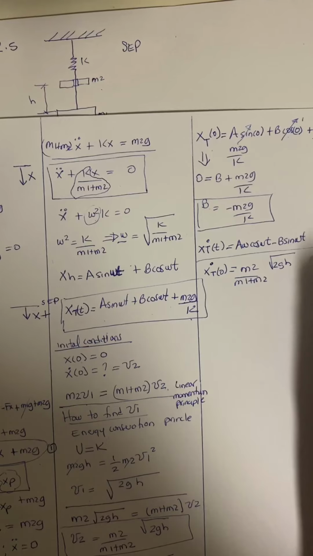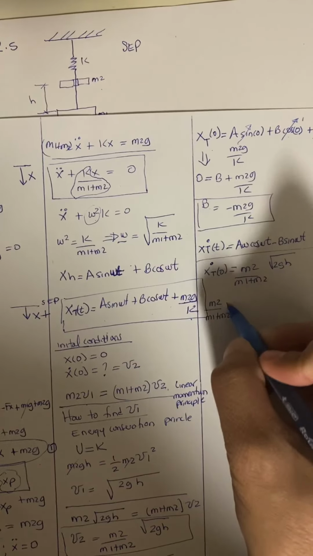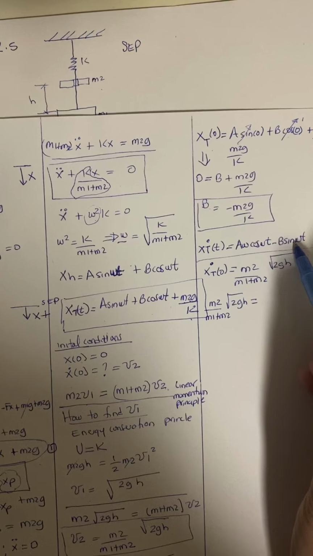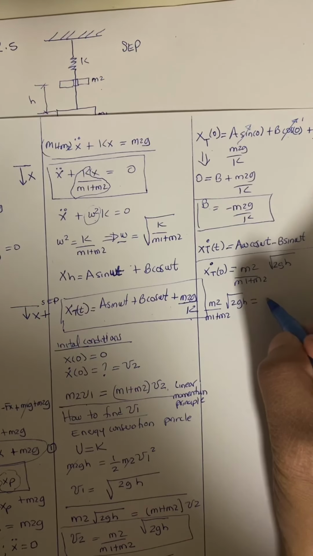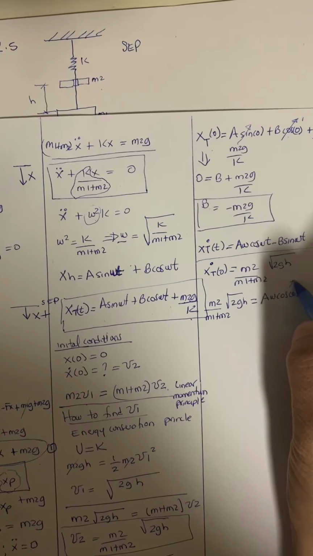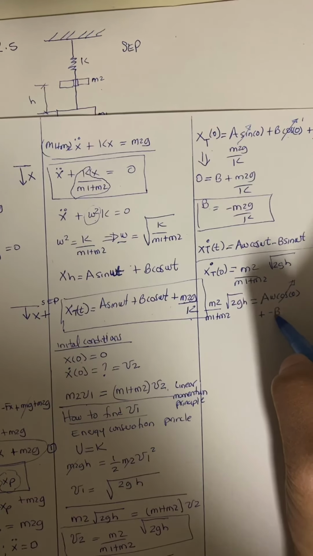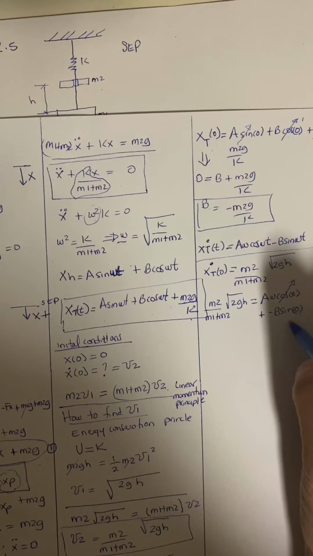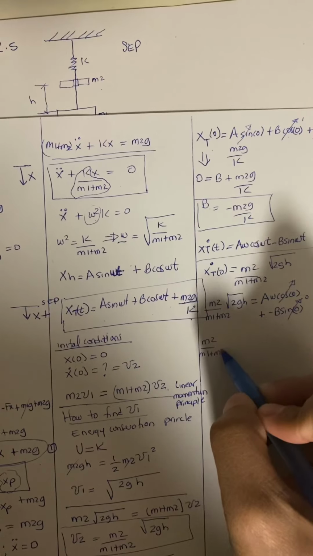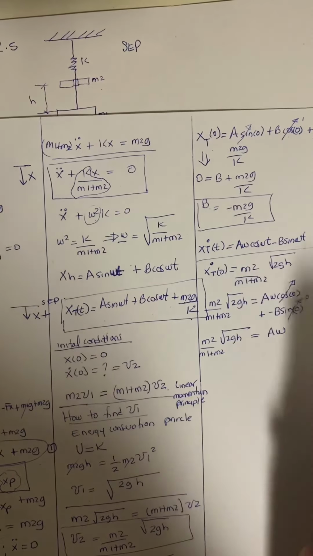So at the same time, we know that this equation, Aw cosine 0, is equal to 1, plus minus Bw sine 0, that we know is equal to 0. So now we have m2 over (m1 plus m2) times the square root of 2gh equals Aw.